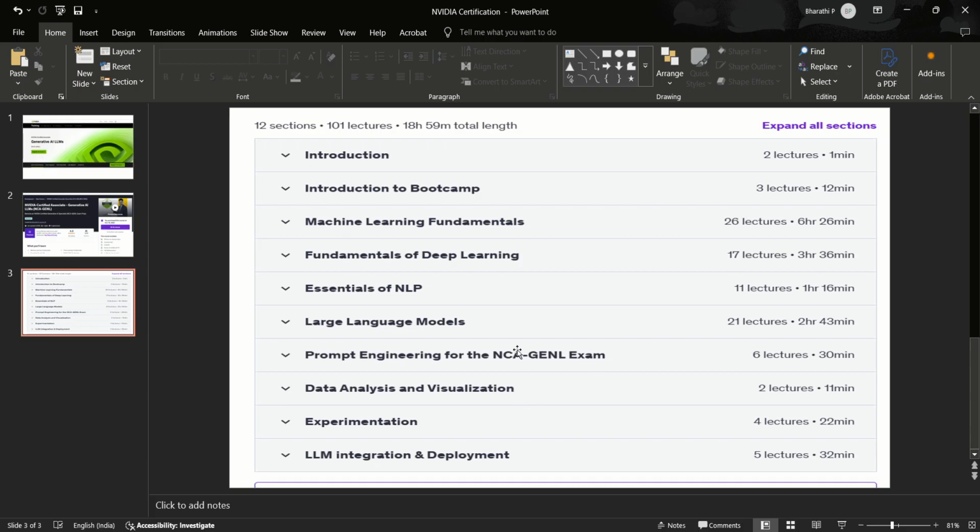I would say the first 4 segments are very basic stuff, starting from the basics of machine learning, supervised and unsupervised, then they direct you towards deep learning, and finally NLP and LLM. The first 4 segments are important for understanding the basics, whereas from an exam perspective, it starts from the 5th module. The 5th module is a very important module.